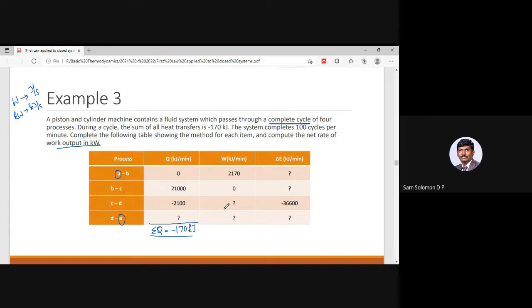Okay, so now I'm going to ask your fellow friends to solve this. Considering process AB, for the solution, can you give me the first law of thermodynamics for process AB? How will you write process AB in terms of first law of thermodynamics?